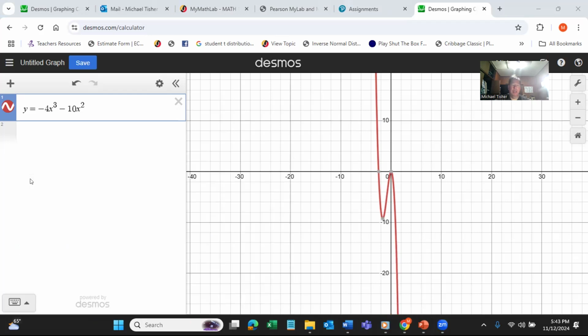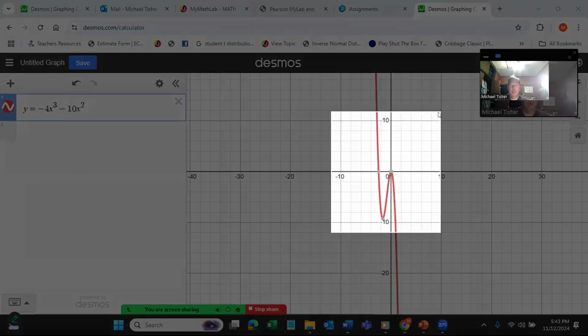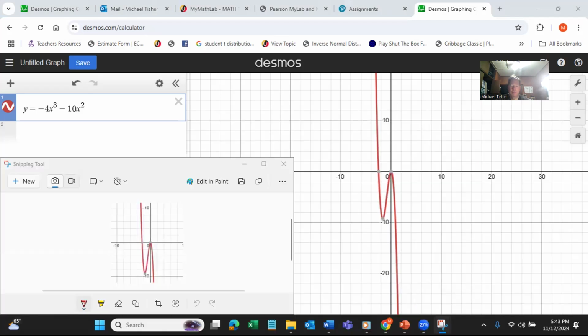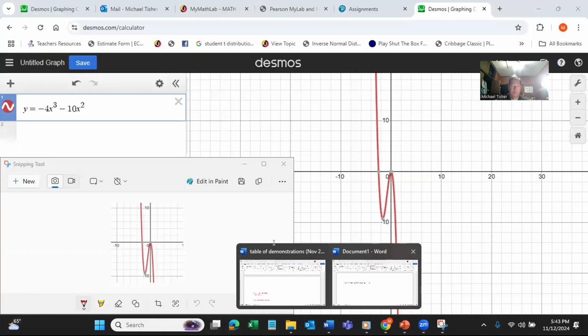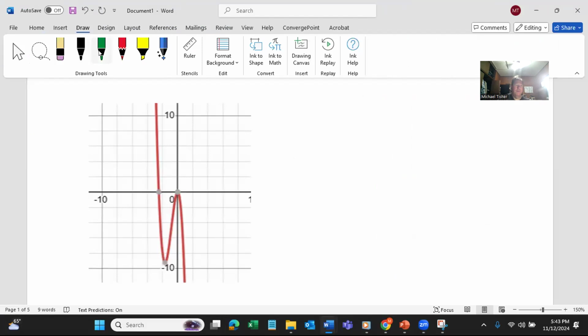And we have local extrema whenever there is a turning point in the graph. And we have some turning points right here. Okay, so we're going to focus on this local part of the graph right here.